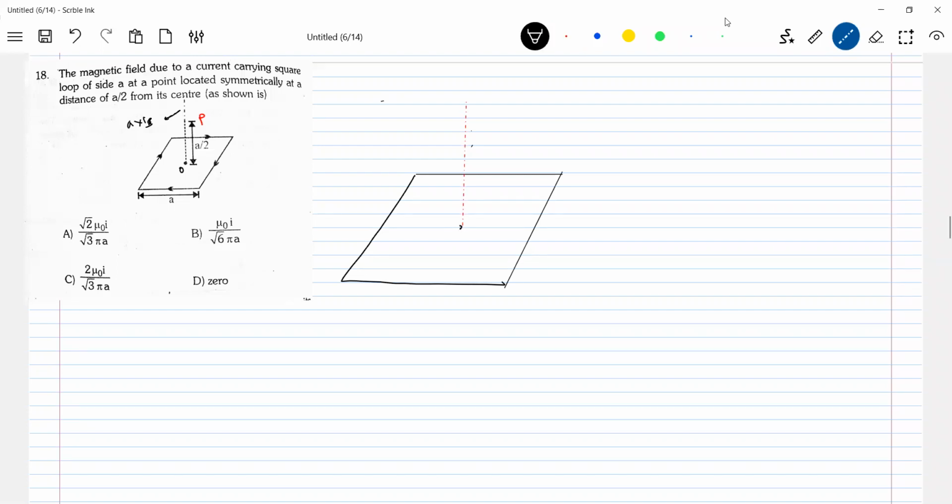So let me take this as A, B, C, D, O. Okay, and this is P. These are distances which are needed for us. And later on we'll draw a plane diagram. Now let me take only AB.